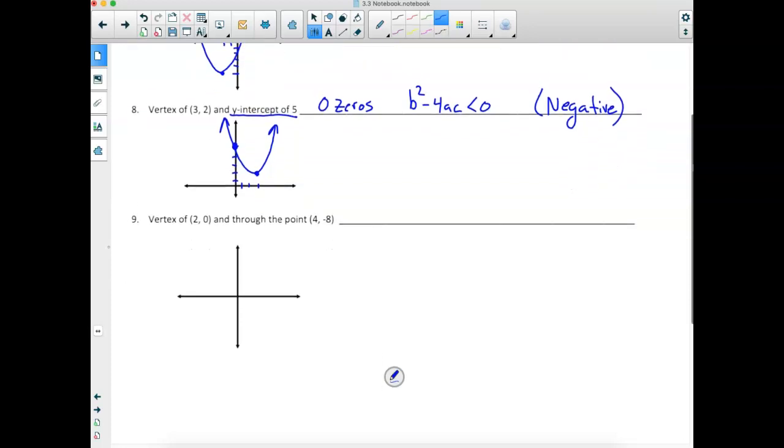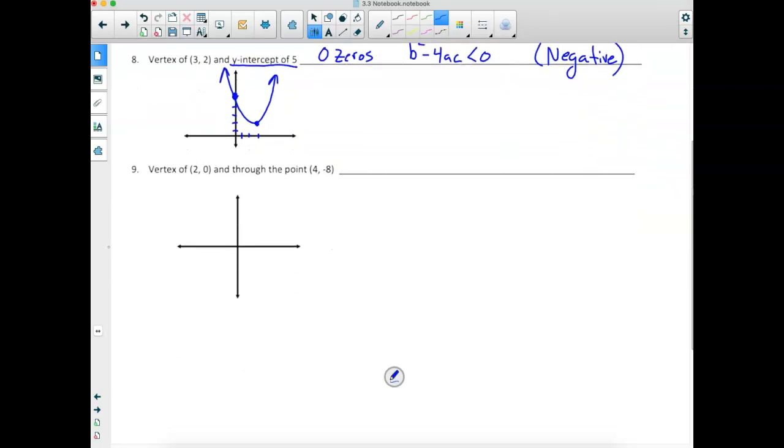Okay? And we can tell all this just by looking at the graph of a function. And I got another one here. I got a vertex at (2, 0). So there's my vertex. And it's going to go through the point (4, -8). So 1, 2, 3, 4. 1, 2, 3, 4, 5, 6, 7, 8. So it's going through this point. Well, it's got to be concave down. If this is a vertex, it's coming down.